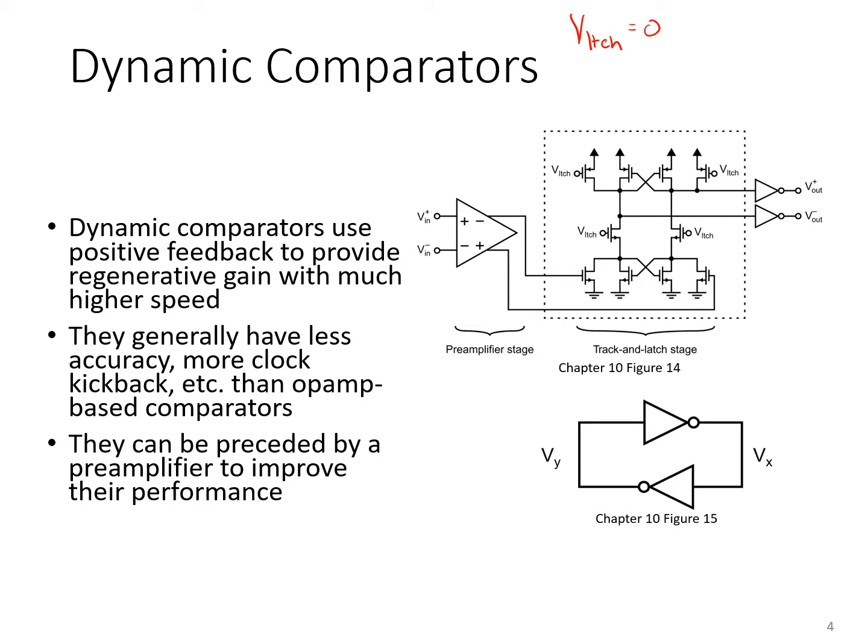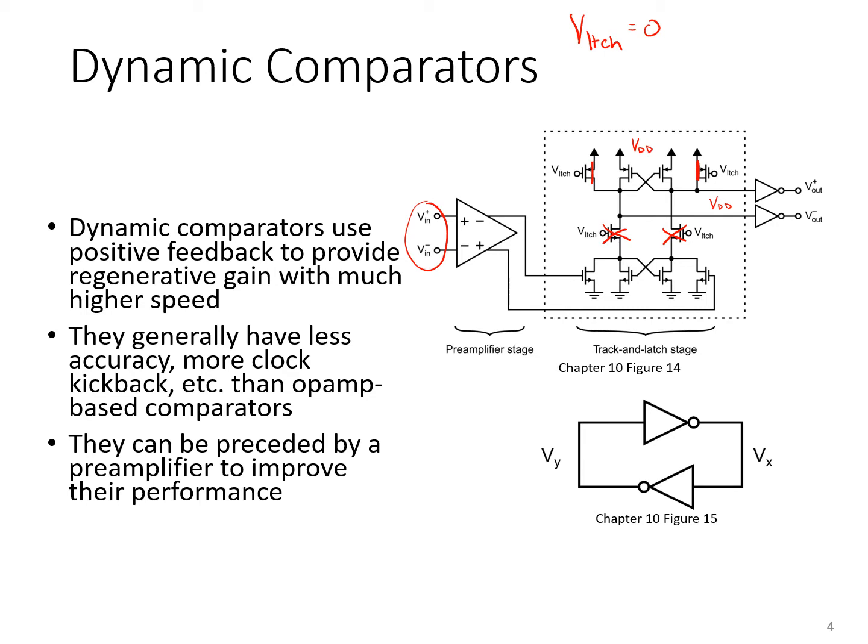In that situation, these transistors will be turned on, and these transistors will be turned off. As a result, the input signal is effectively disconnected from the output nodes, and the PMOS pull-up transistors pull these two nodes both up to the supply voltage, which let's call VDD.